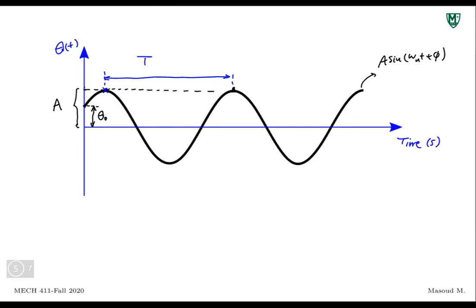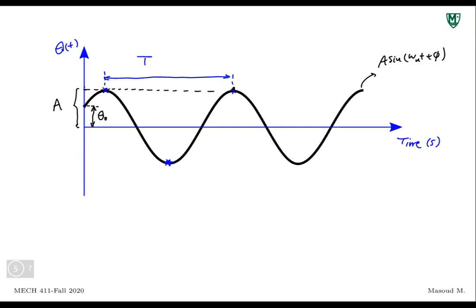Now this pendulum goes all the way to the other side, like this point, all the way to -1. And it comes back to where it was, all the way to this side. So I go back here.